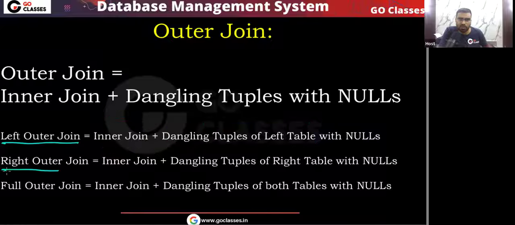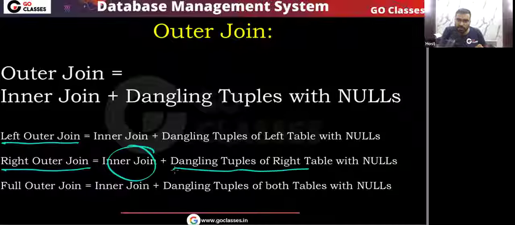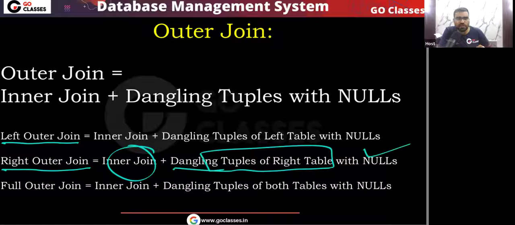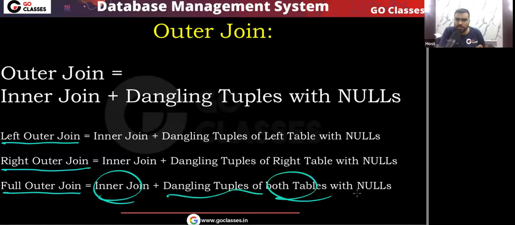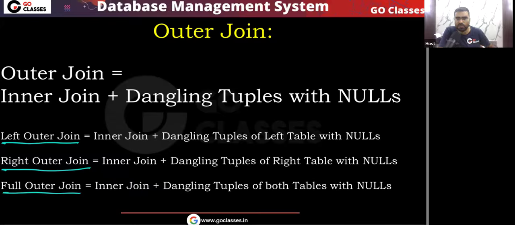Next, right outer join. First you do inner join, then the dangling tuples of the right table, you join them with null values. Full outer join. First you do inner join, then the dangling tuples of both the tables, you join them with null values. So there are three types of outer join operation. Is this clear? Very simple, right?